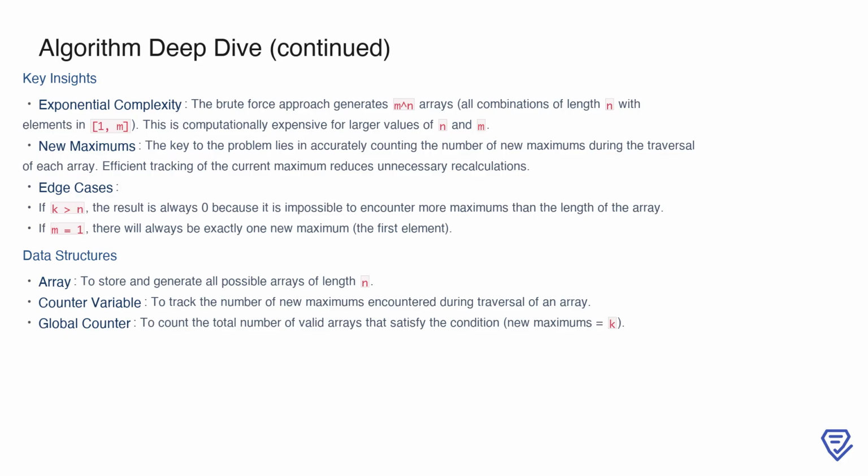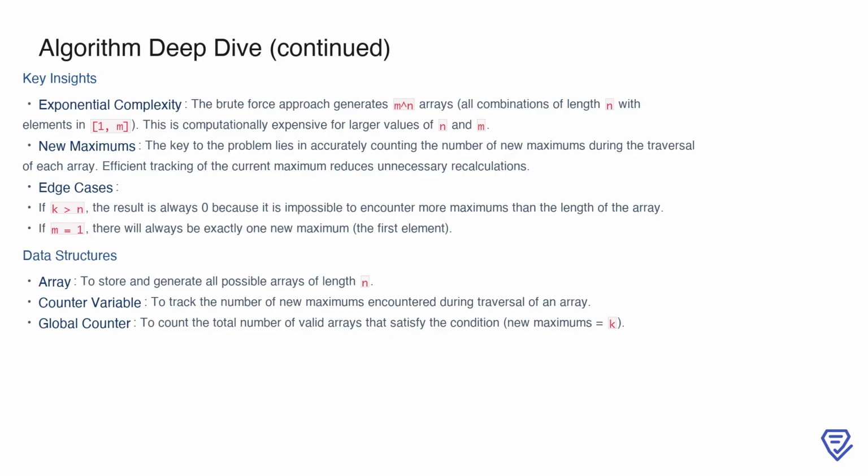The brute force approach, while straightforward, has some important characteristics and insights to consider. First, it has exponential complexity since it generates m^n arrays, where m is the range of elements and n is the array length. This makes it computationally infeasible for larger values of n and m. A critical aspect of solving this problem is efficiently counting the number of new maximums encountered during the traversal of each array.